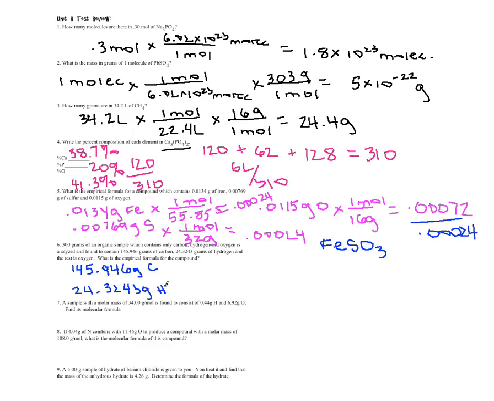And then the only tricky thing here, since you have a total of 300, I don't tell you how much oxygen is given. You have to subtract the 145 and the 24 from that original 300 to find out how much of it was oxygen. And what you should get is that the mass of oxygen is 129, let's round, 0.7 grams of oxygen.